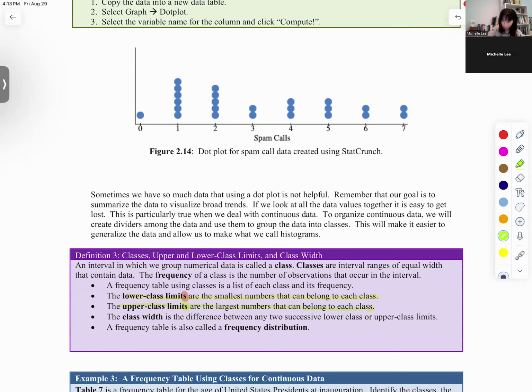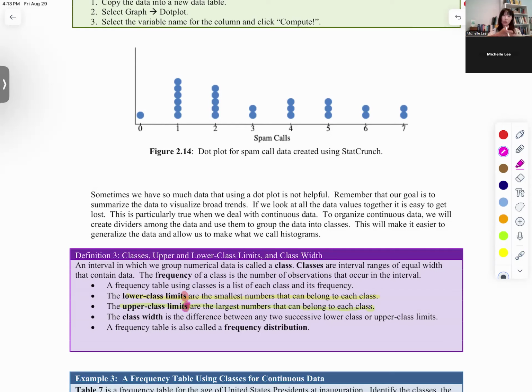Okay, now class width. Class width is the difference between any two consecutive lower class limits or upper class limits. So it should be the same, right?